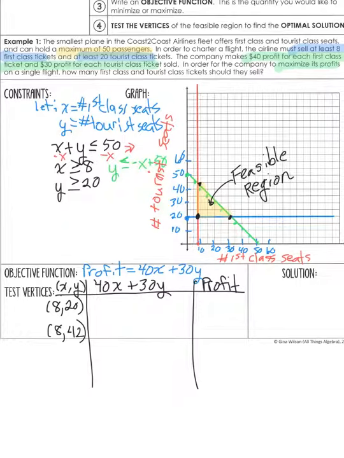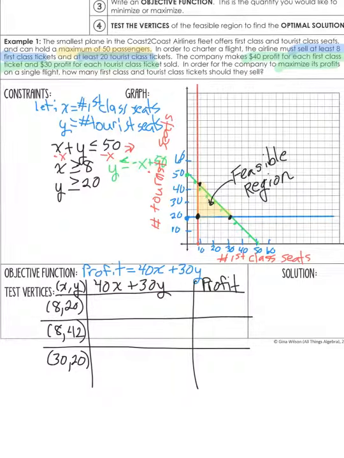And then my third ordered pair is over here, and that one's a definite. I know that my x value is 30 and my y value is 20. So we're going to test 30, 20. Then I'm going to get ready to substitute in, so I'm going to use parentheses.